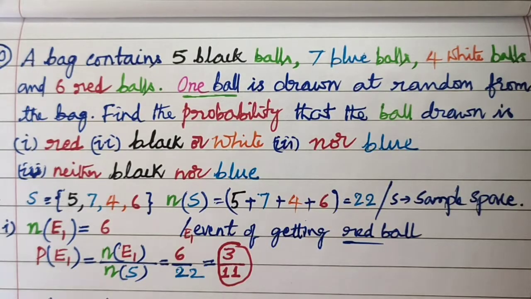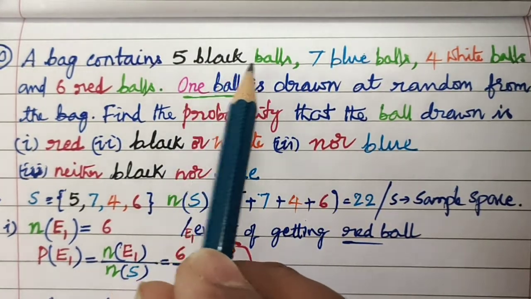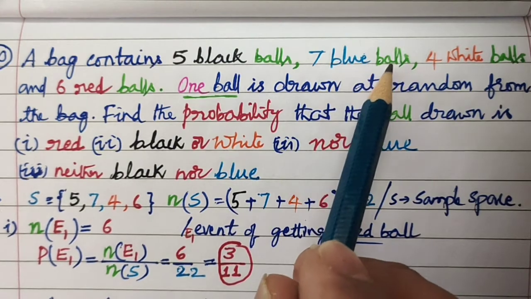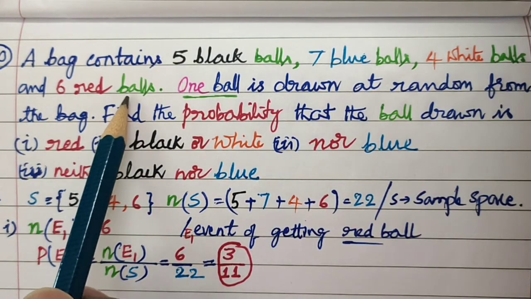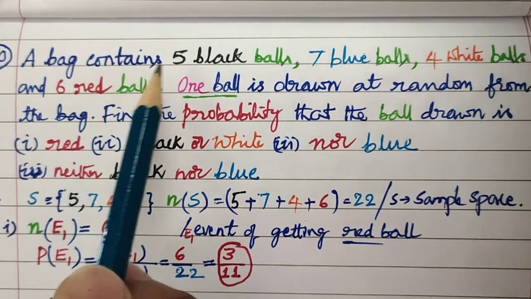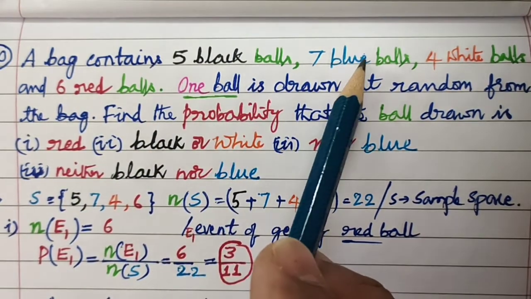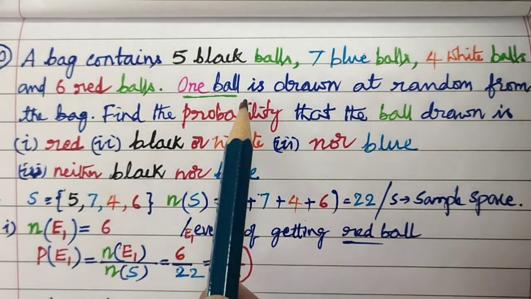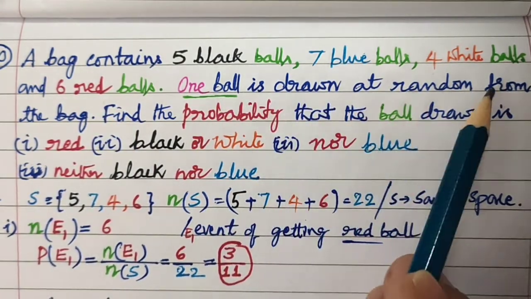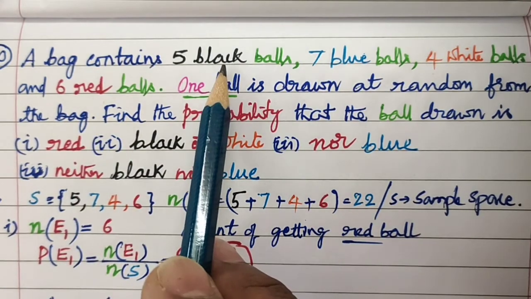A bag contains 5 black balls, 7 blue balls, 4 white balls, and 6 red balls. One ball is drawn at random from the bag. Only 1 ball is drawn.